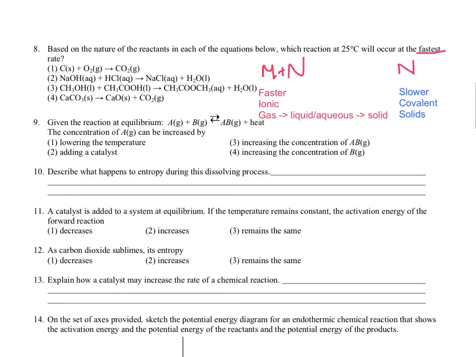So let's eliminate the covalent reactions. Reaction 1 is covalent, as carbon and oxygen are both nonmetals. And equation 3 is covalent, as it contains all nonmetals.